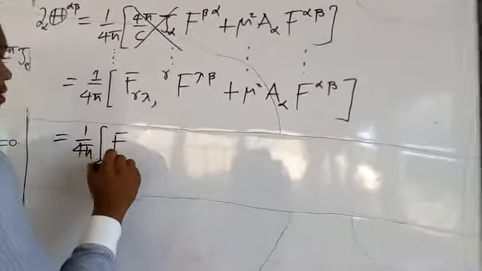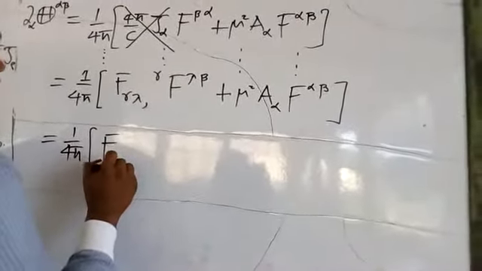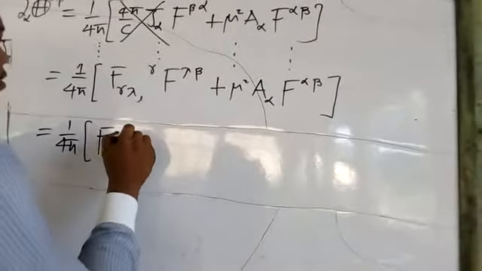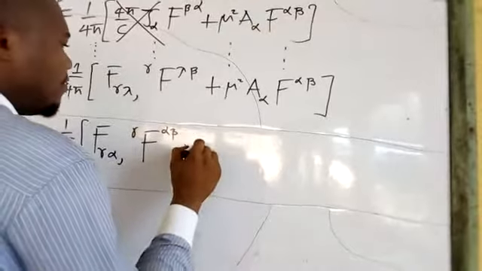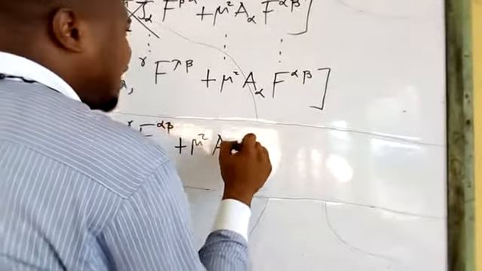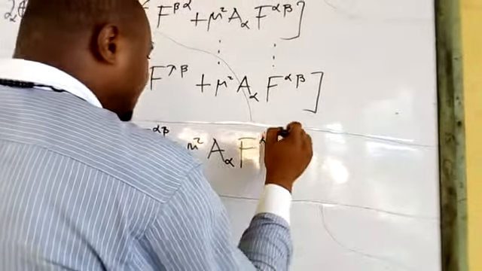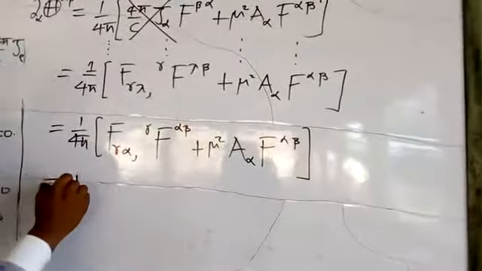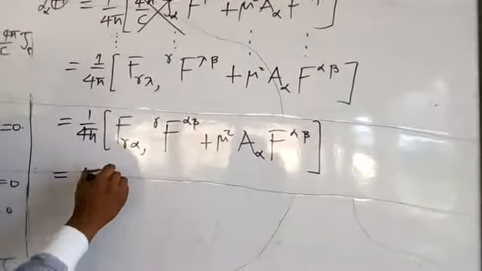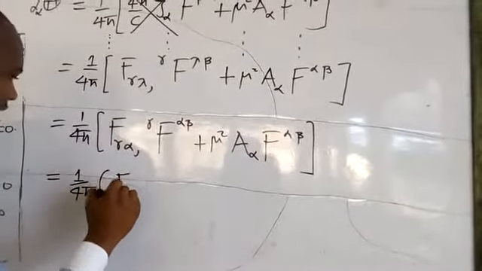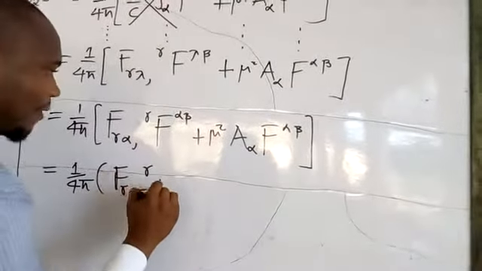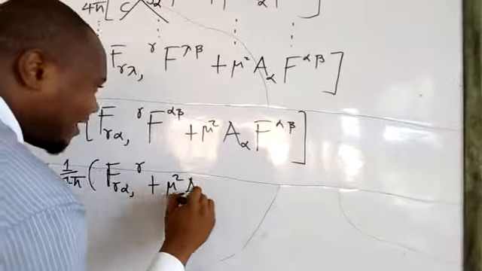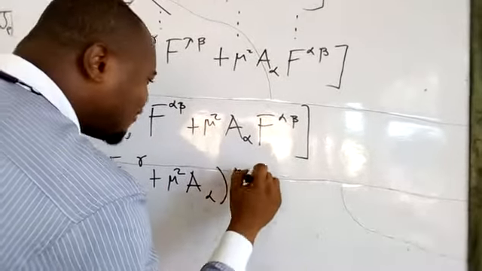And so this gives me gamma here, and that is alpha comma gamma, and this is going to be alpha beta plus mu squared a sub alpha f alpha beta. Now this is the same thing as 1 over 4 pi, again, in the bracket, F gamma alpha comma gamma plus mu squared A sub alpha, then F alpha beta.